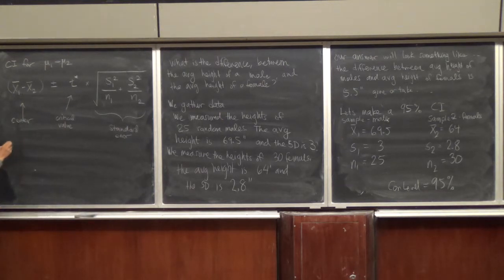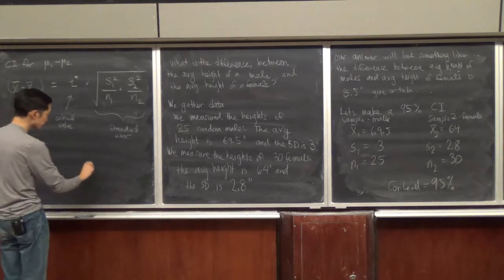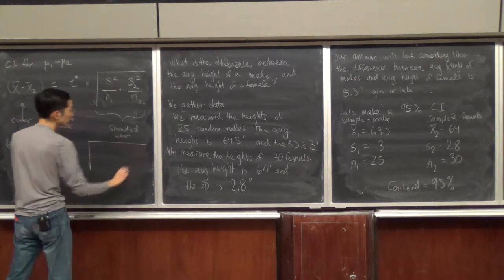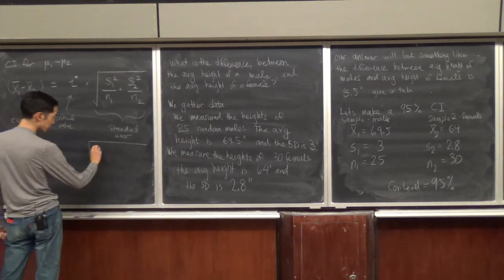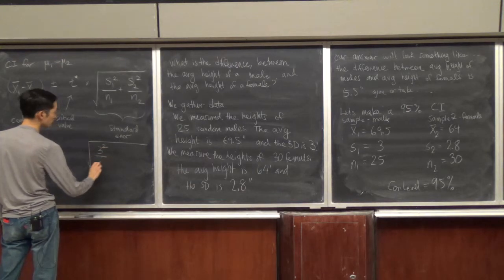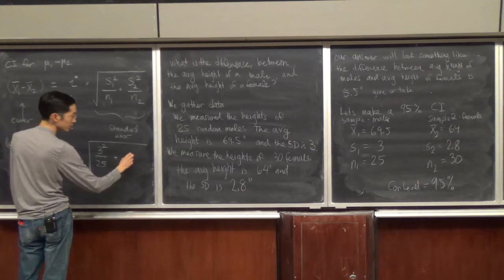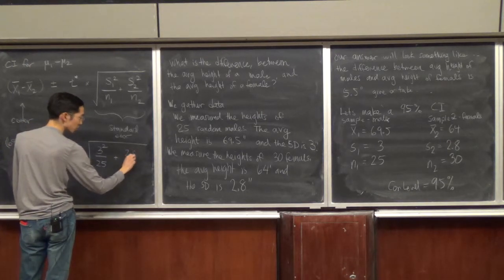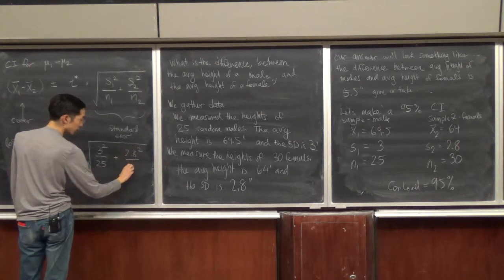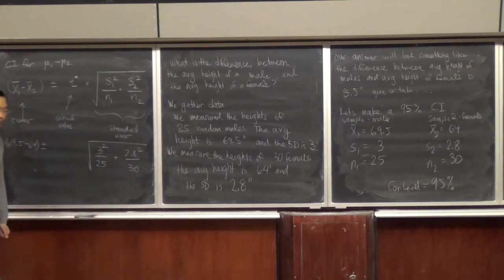X bar 1 is 69.5. Subtract off X bar 2, 64. Plus or minus, we'll talk about T star in a moment. Standard error is S1 squared, so 3 squared over 25 plus S2 squared, 2.8 squared divided by 30.